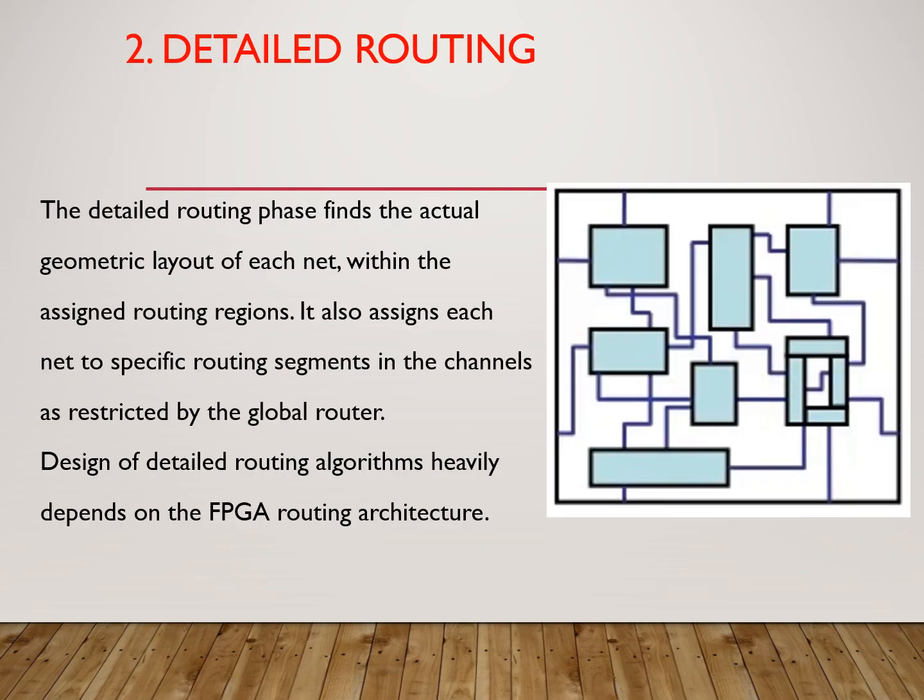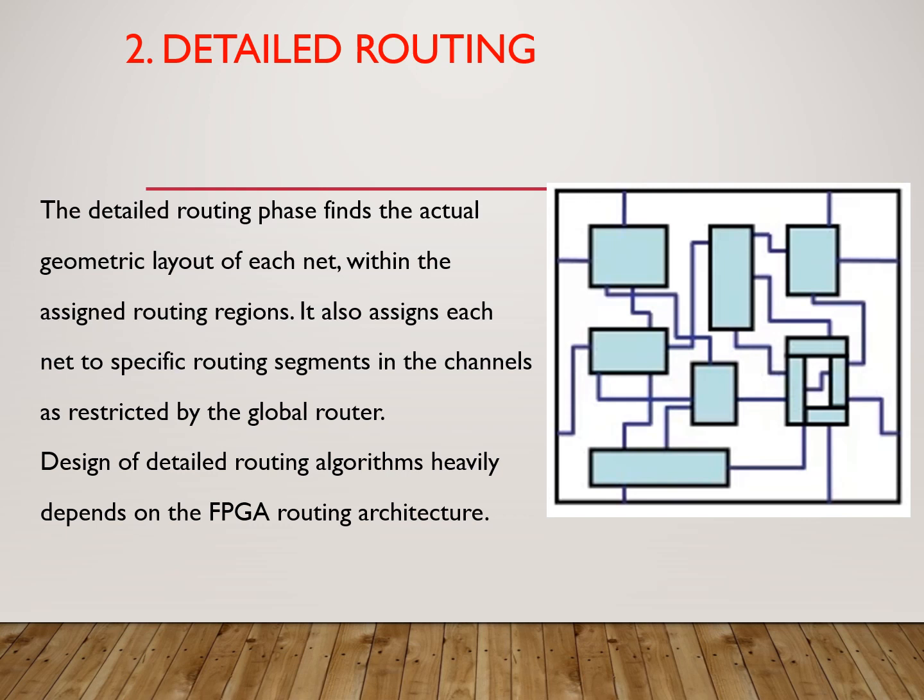We are going to see the detailed routing. In the previous session, we discussed global routing. The main difference between global and detailed routing is that global routing assigns a loose path without considering the actual size of each net. But detailed routing assigns the actual connection between the two blocks, considering the actual layout and geometrical size of each net.